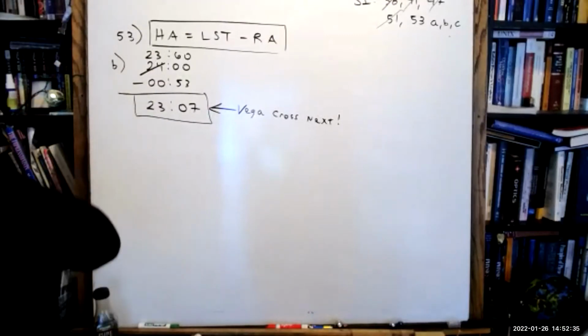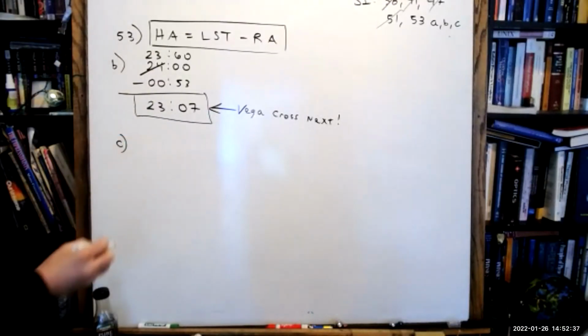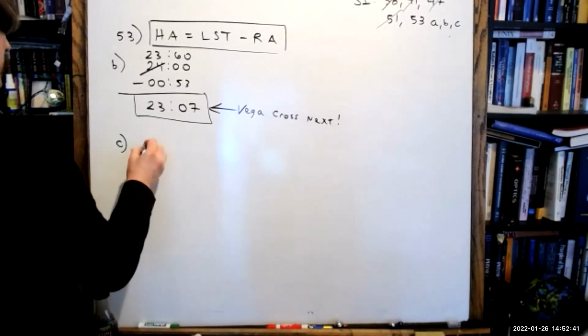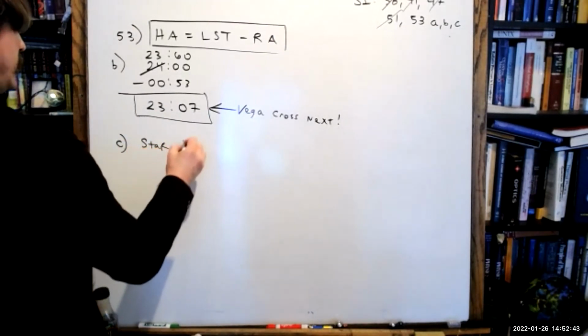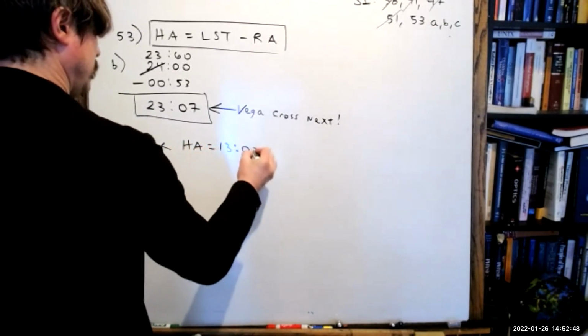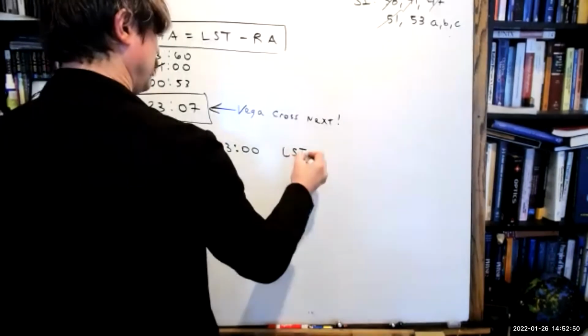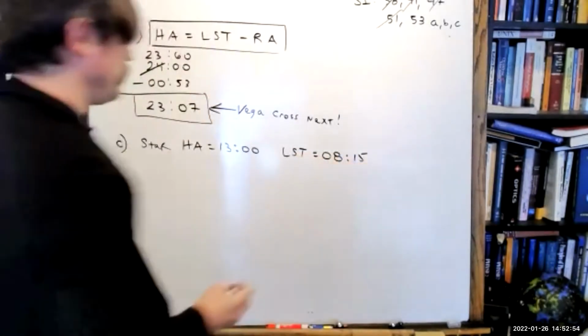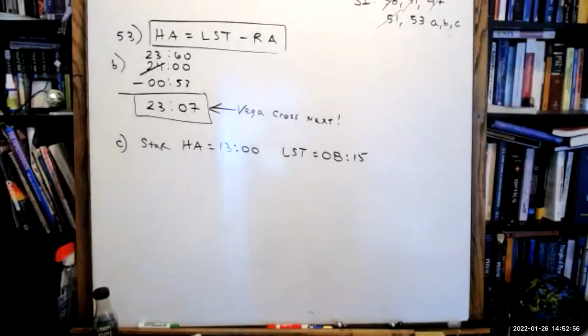All right. So the last problem, part C, is you observe a star that has an hour angle of 13 hours when the local sidereal time is 8 hours, 15 minutes. What is the star's right ascension? Okay, let's have you guys take the lead on this. Can you solve that equation for right ascension?